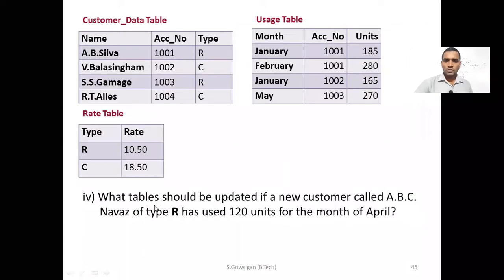What tables should be updated if a new customer called ABC Nawaz of type R has used 120 units for the month of April? Wait some time, right? I will explain. So this kind of questions are very common in the past years. Recently, they have reduced the number of questions given in this manner.